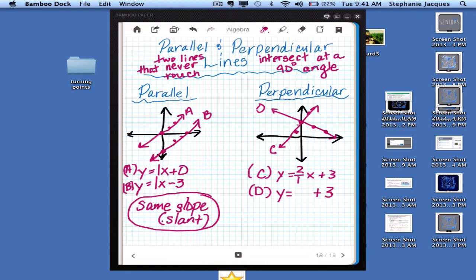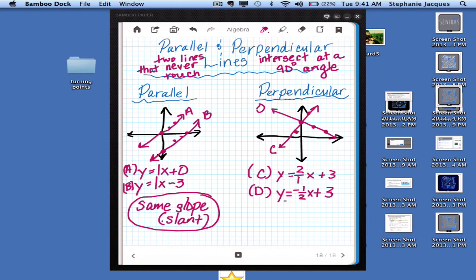Let's look at the slope, a little different. Let's go from this point to this point. So I'm going to have to drop down 1, so my rise is negative 1, and I'm going to go over 2. So looking at those two slopes, there is a little pattern going on there.